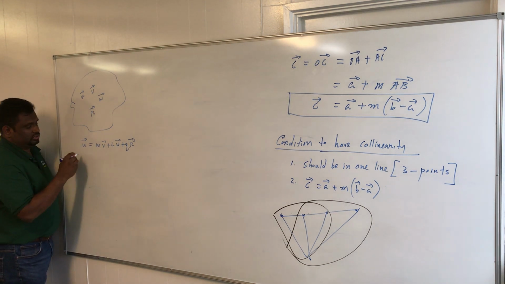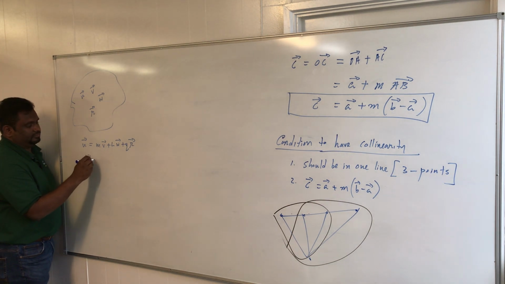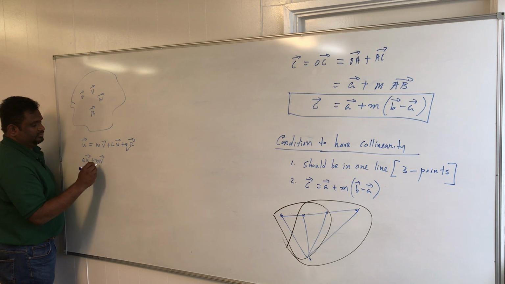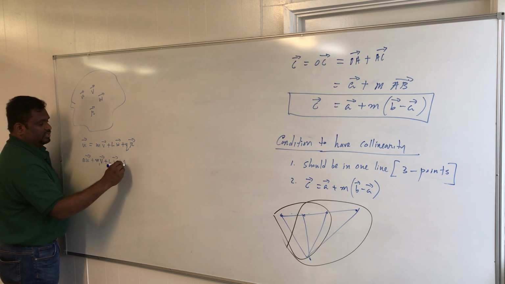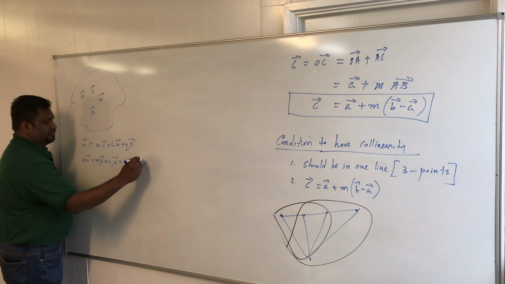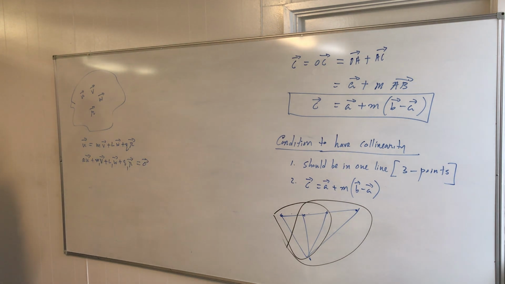Now, if I write, let's say, the zero vector, something like this, now you can see here A, M1, L1, Q1, those are coefficients, right?